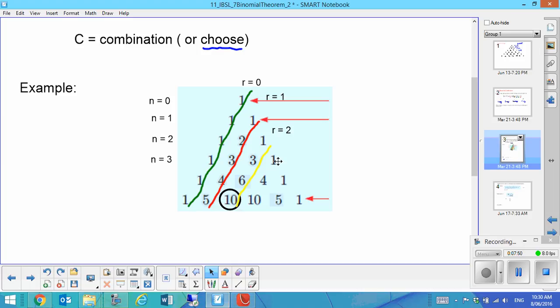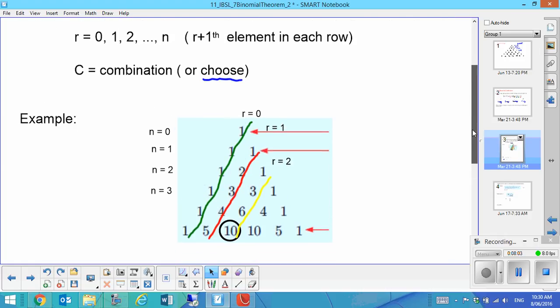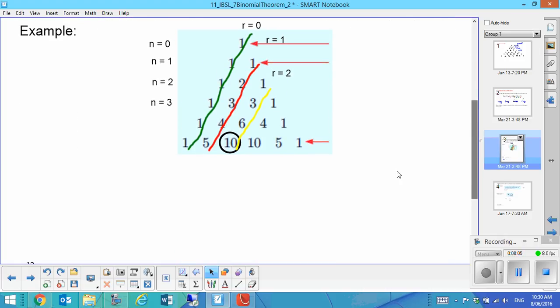We'd have 3 of them, and there were no a's. So the r refers to how many of that second part of our binomial, how many b's there are. So we can see that along the row we've got 4 terms.